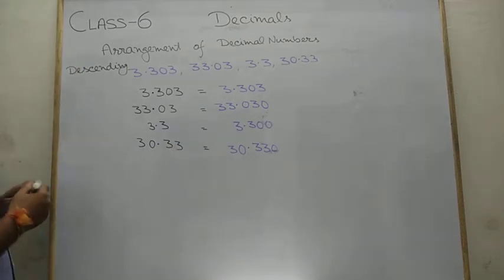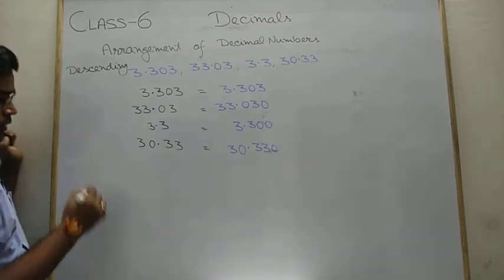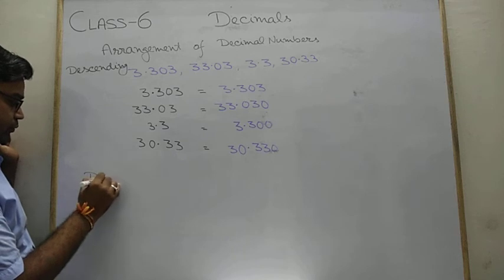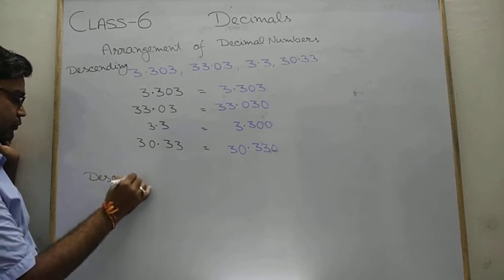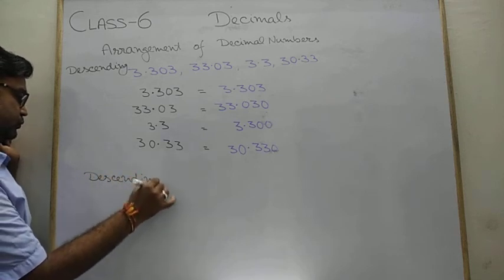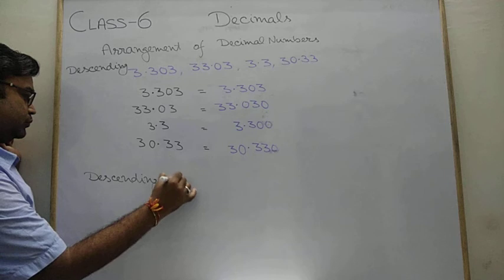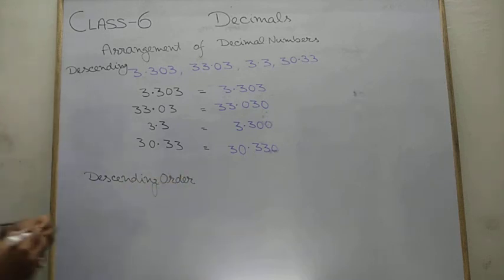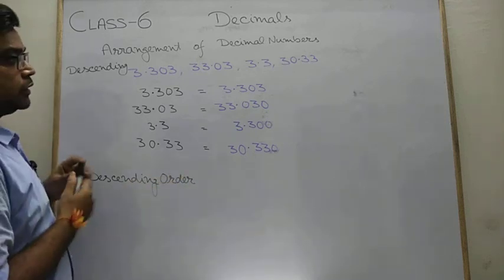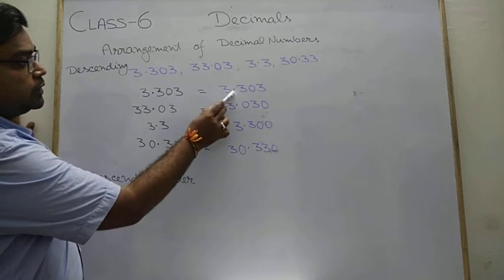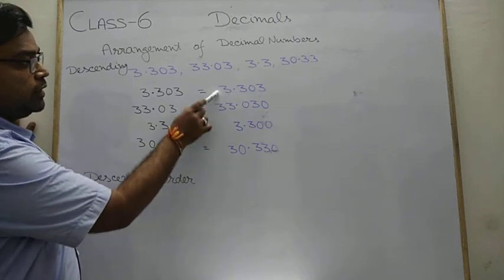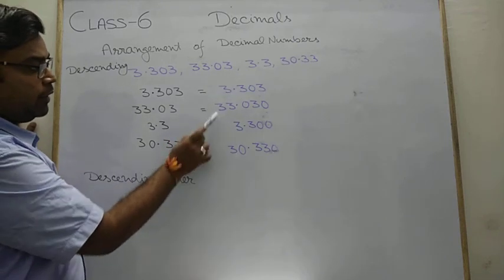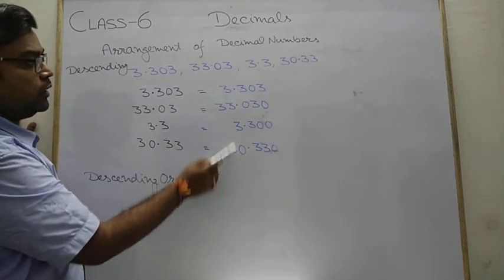So when we arrange these numbers in descending order, which one has the highest value? First check before the decimal. 3 has only one place, so leave it. Here we have two places, up to tens, 30 and 33.